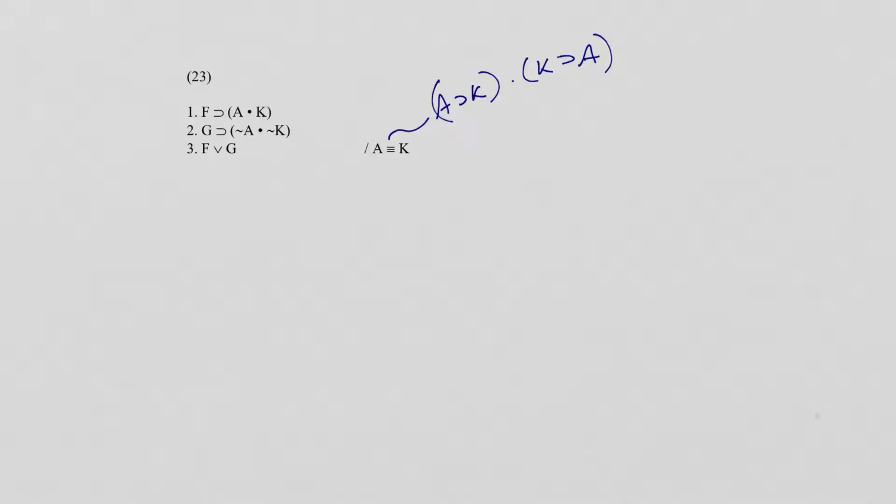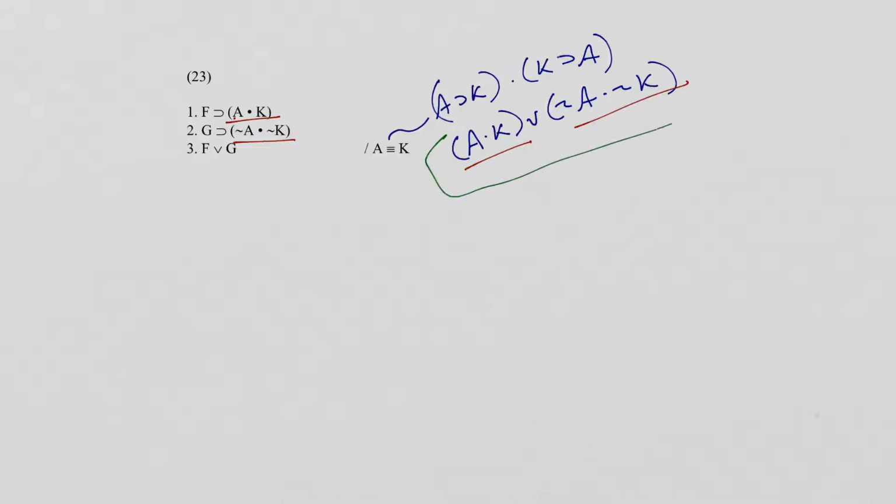Okay, that could be, but remember with equivalence we have another option as well. That's looking more like it. So if you look back over, seems like we already have this worked out for us, and we have this worked out for us. So the odds are we're going to end up using this second one down here.